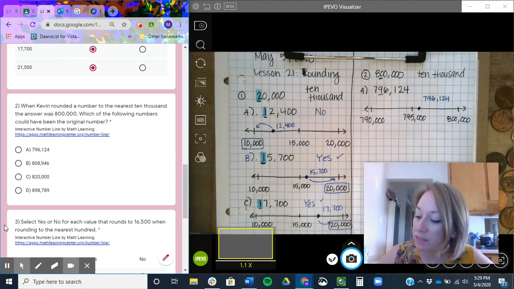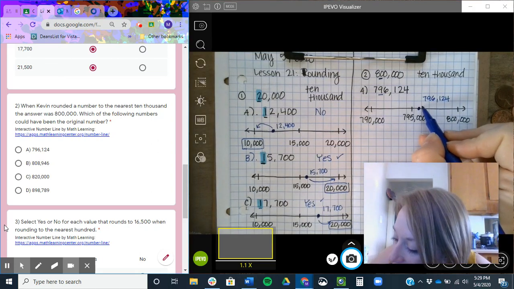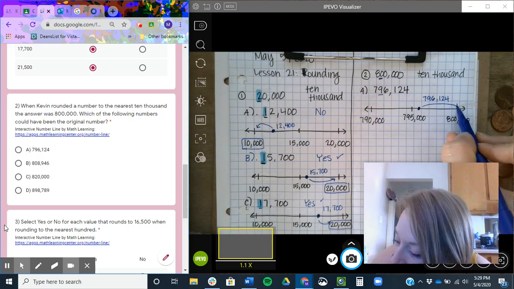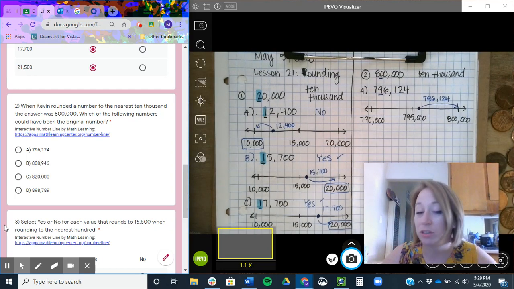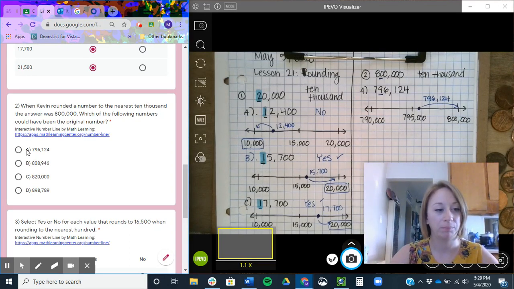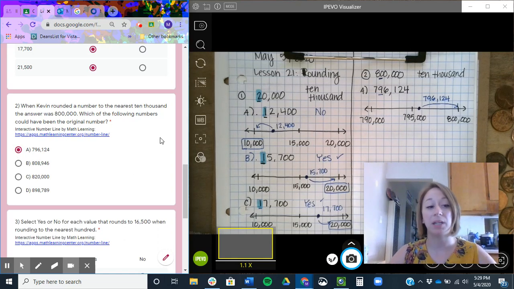So when you round this number to the nearest 10,000, it looks like it would be rounded to 800,000. Let's go ahead and select A as our answer. In order to be sure we have the correct answer, let's still evaluate B, C, and D.